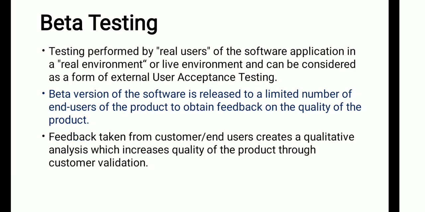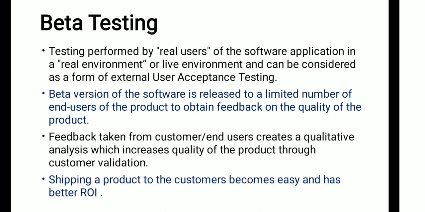Feedback taken from customers and end users creates a qualitative analysis which increases the quality of the product through customer validation. Shipping a product to the customer becomes easy and has better ROI, that is return on investment.